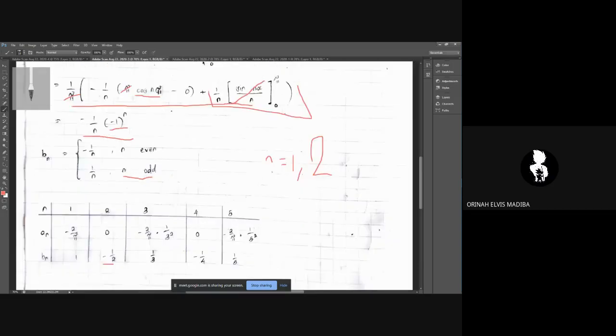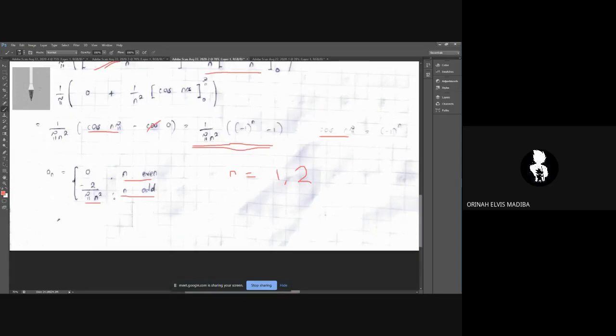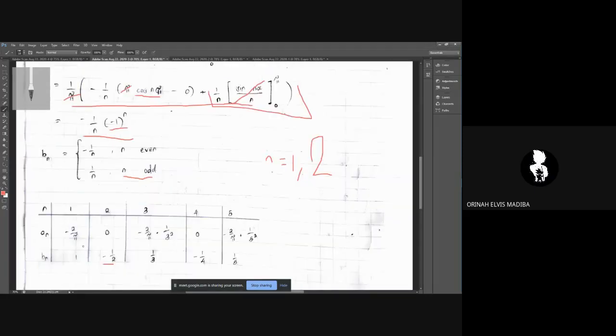And when n is odd, we have negative 2 over pi n squared. So when n is 1, you get negative 2 over pi. For 3, it becomes negative 2 over pi times 1 over 3 squared. And then for 4 it is 0, and so on.